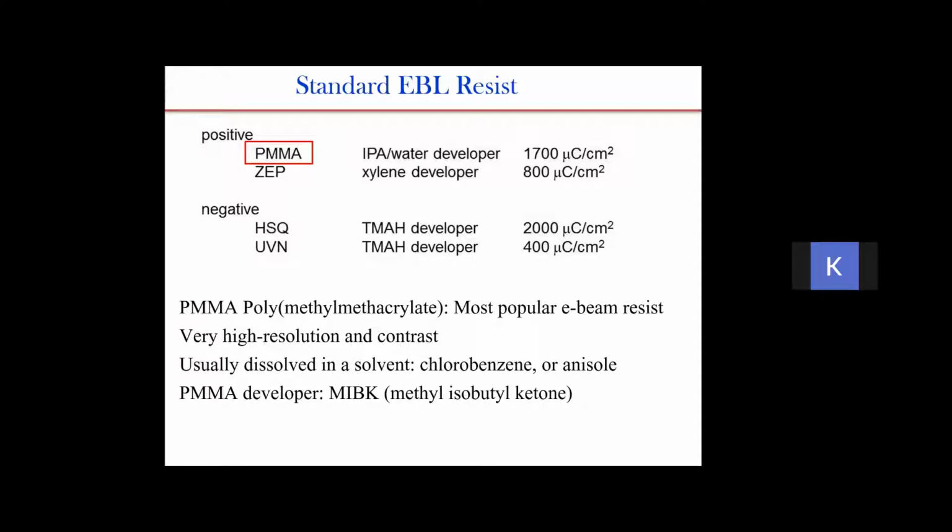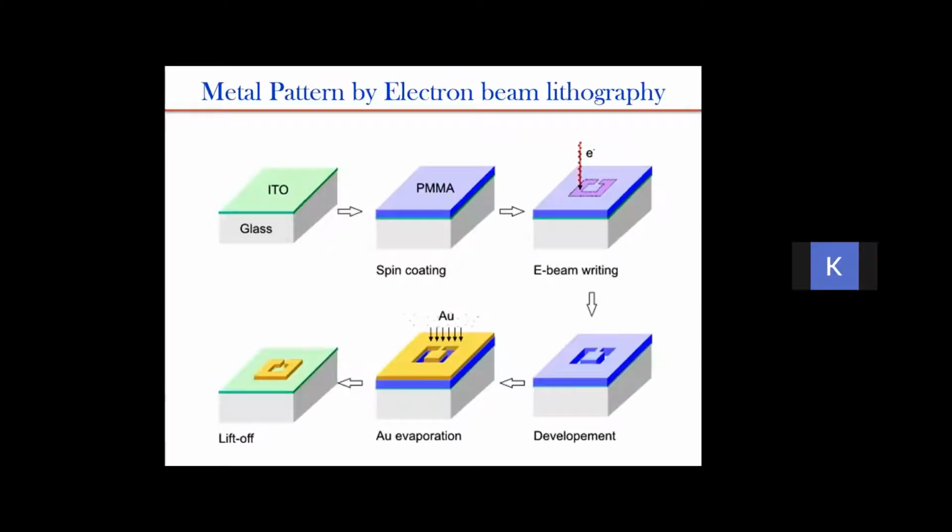You also have negative resists, and a common negative resist is HSQ, for which TMAH is the developer. If we look at the various steps, it is more or less the same as I have shown earlier. The only difference is e-beam writing, where the beam scans over your sample and directly reacts with the resist, and accordingly does the patterning.